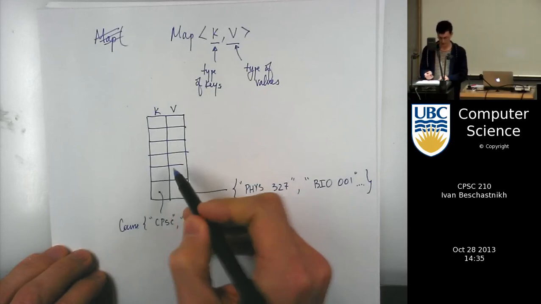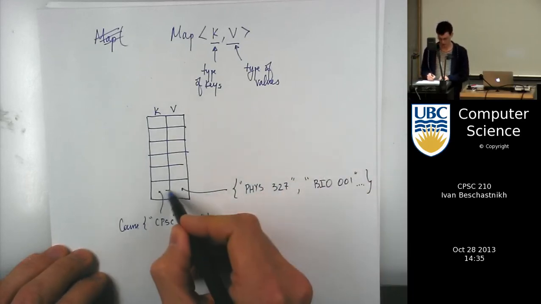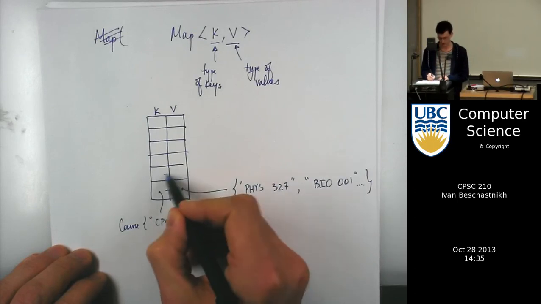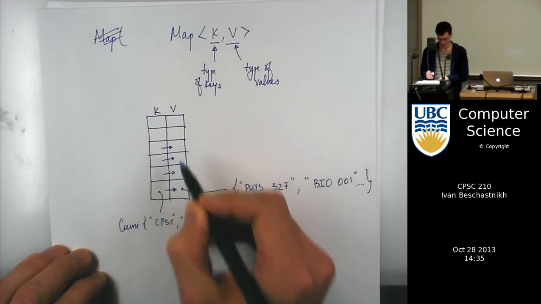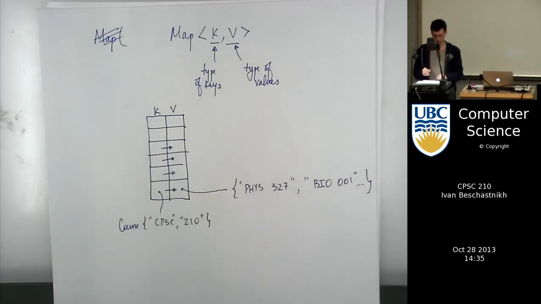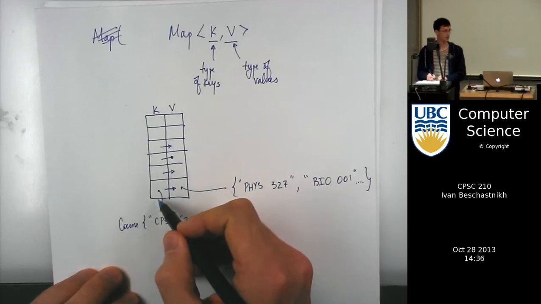So a map, you usually also call it an associative array because it associates some key with some value. The operations that a map supports is that you can find out what value a certain key is associated with.